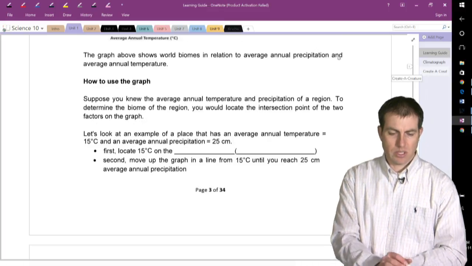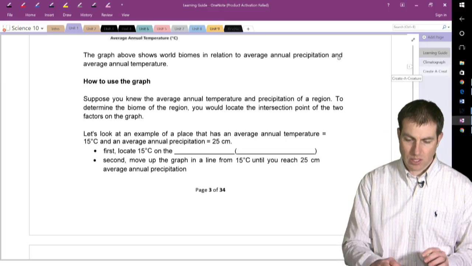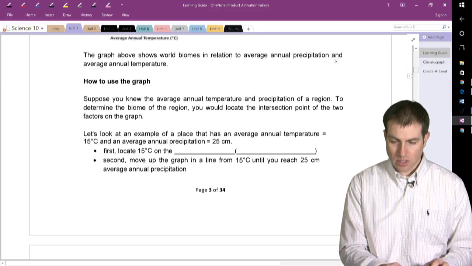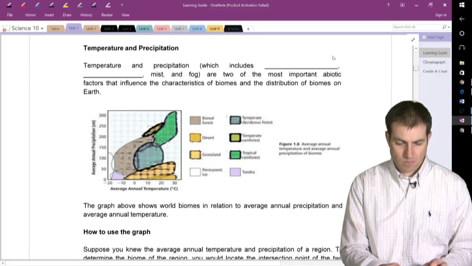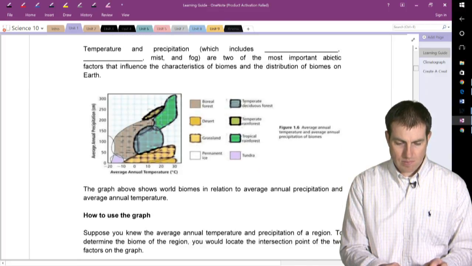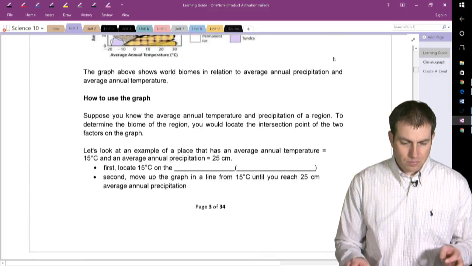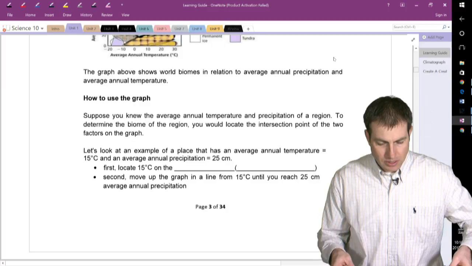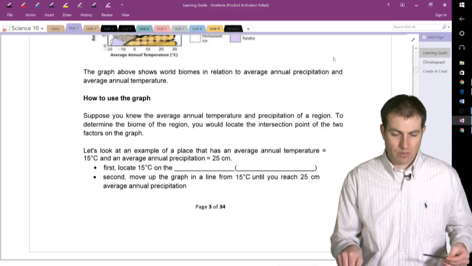Given the average annual temperature and precipitation of a region, to determine the biome, you would locate the intersection point of the 2. All right, so this was discussing how to use this little graph. Let's look at an example of a place that has an average annual temperature of 15 and average annual precipitation of 25.